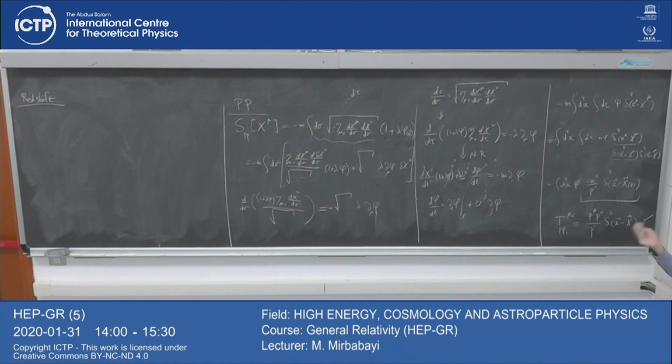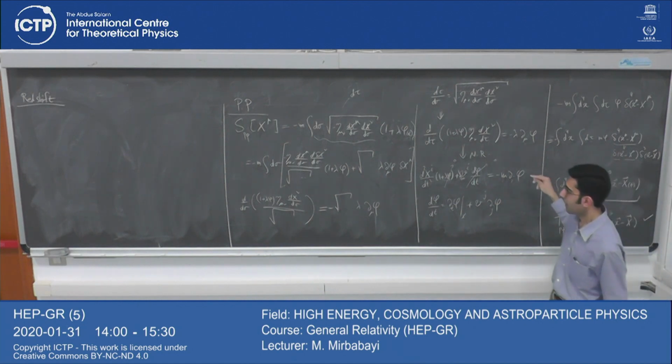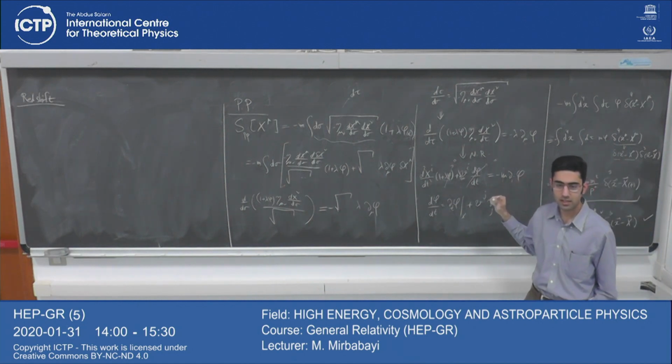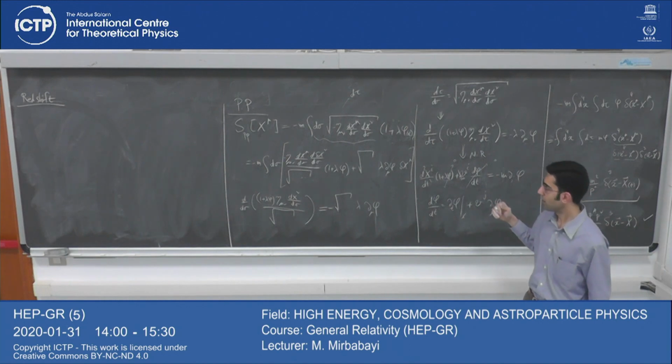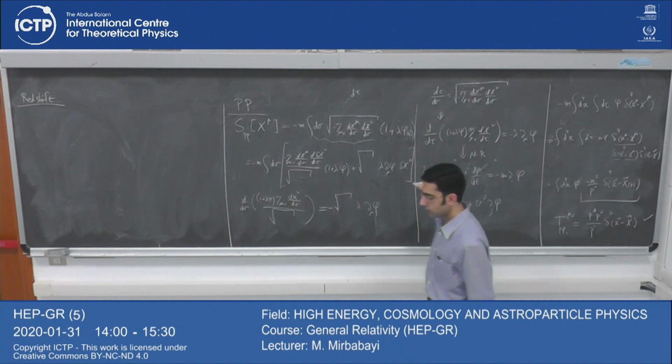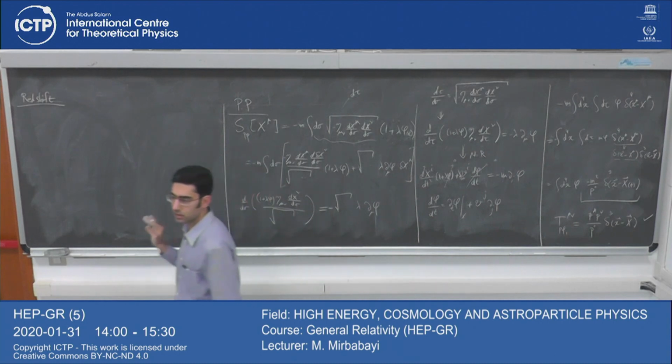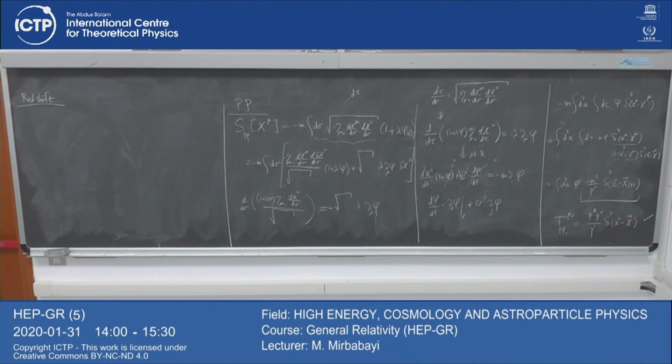So we have constructed a relativistic theory that, when we take the non-relativistic limit, reduces to Newtonian gravity. This was just by construction. We constructed the theory to work like that.